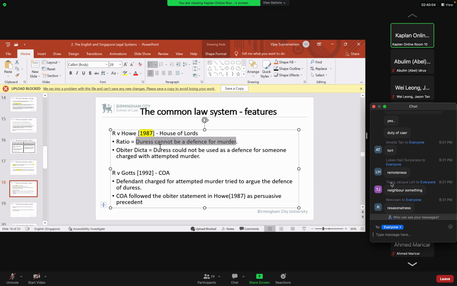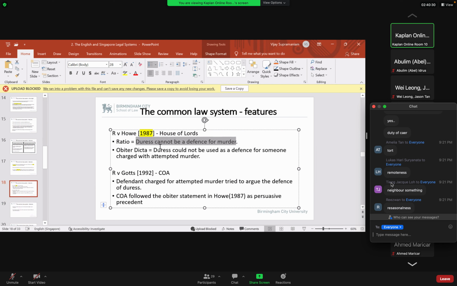Then in the same judgment, the courts took the opportunity to illustrate that you cannot use duress even in a case of attempted murder.